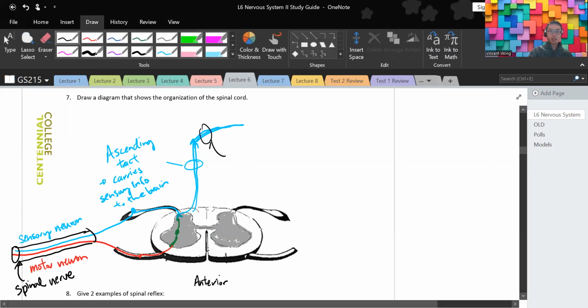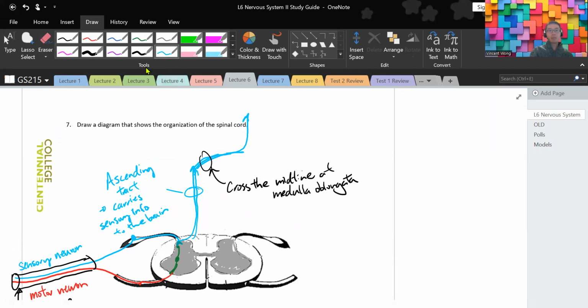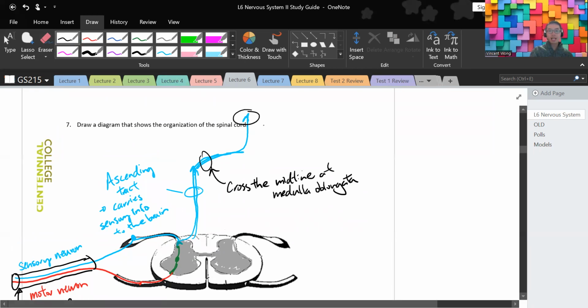There is the medulla oblongata, cross the midline at the brainstem, at the medulla oblongata. 90% of the track will cross here. Sometimes you cross in another location. And then it will continue to go up on the other side. Okay, so this is like contralateral now, right? On the other side. And it will go up to your thalamus.